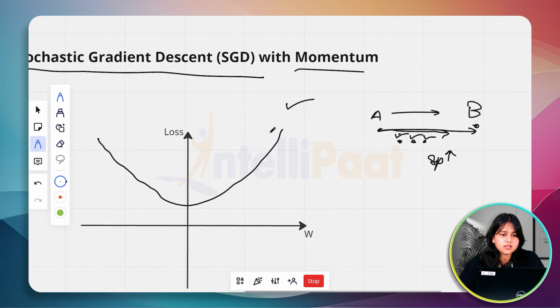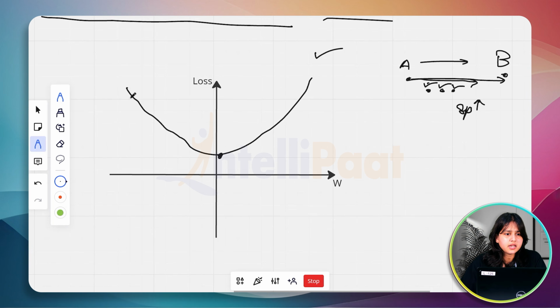So let's again consider this similar loss function graph. Say your starting point is here. You calculate the slope, you check that, and then you figure out this is where you're supposed to be headed. Then you stop at another point closer to the previous point, and then you check the slope again, and you understand yes, you have to go here again.